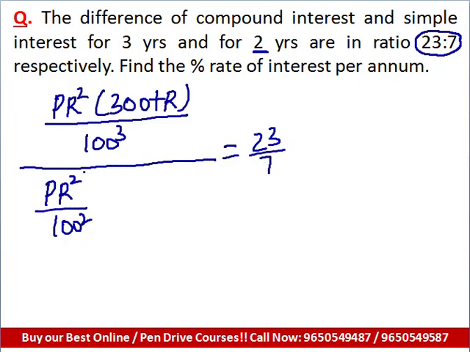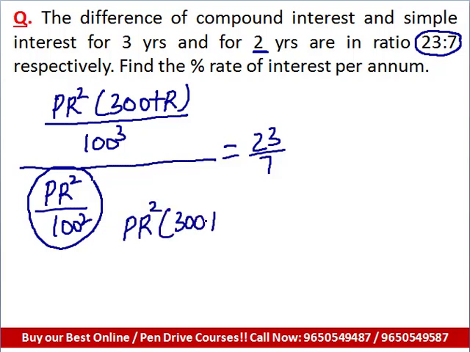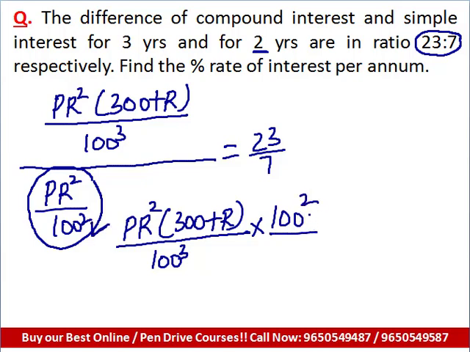Now you can clearly see that this denominator will get inversed. So we will be left with PR square into 300 plus R divided by 100 cube, and the 100 square will now appear in the numerator because it is getting inversed. So in numerator we have 100 square and in denominator we have PR square. This is equal to 23/7.